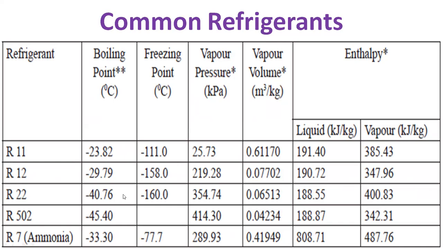And these are all the different refrigerants, with their boiling points, freezing points, vapor pressures, vapor volume, and total heat. Enthalpy is nothing but total heat, in kilojoules per kg when it is in liquid form, and kilojoules per kg when it is in vapor. Because from liquid to vapor, we have what is called the latent heat that is available in the vapor, whereas in liquid, only the sensible heat is available.